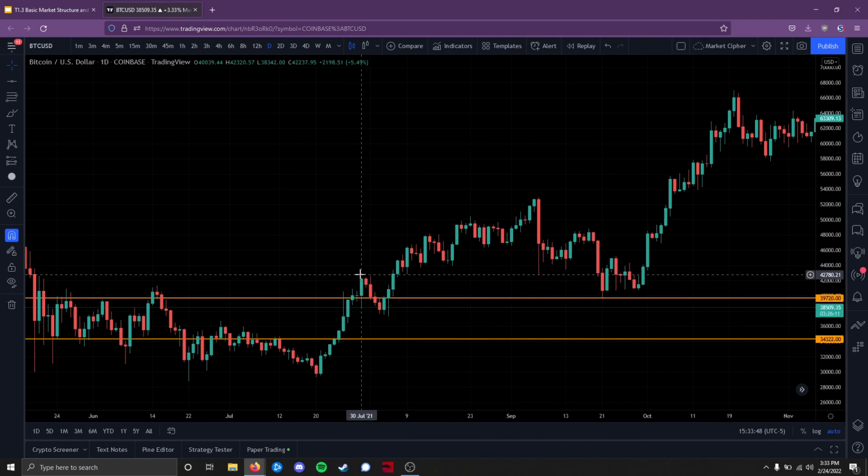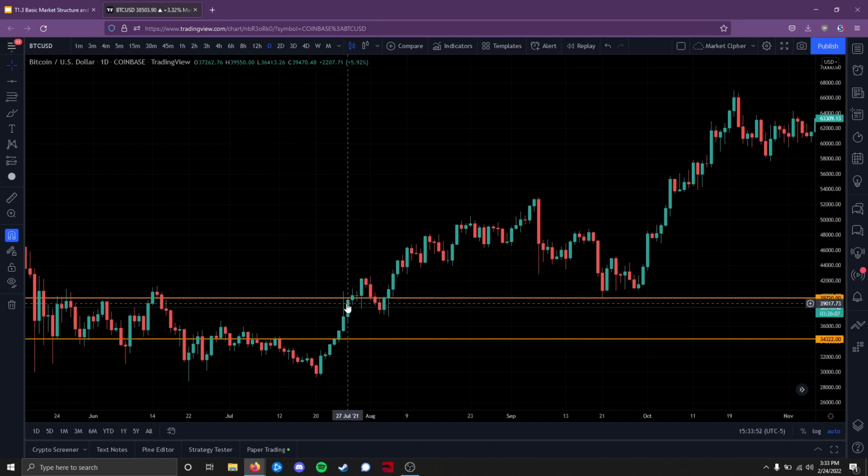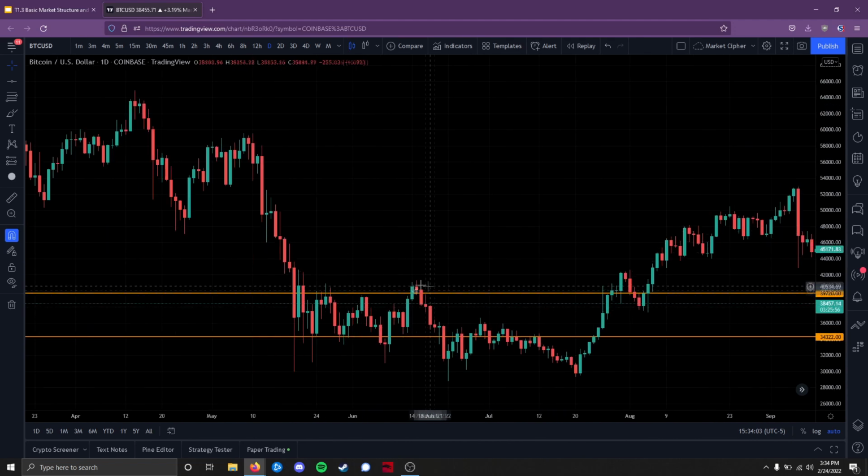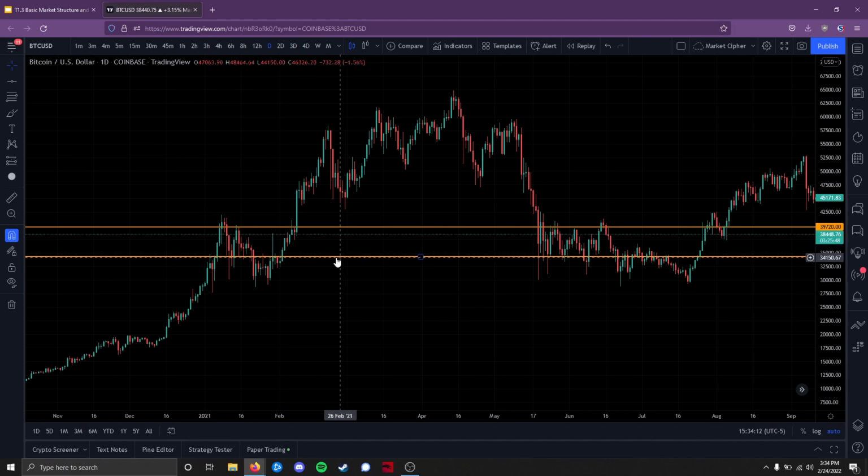Price comes up, and this indicates a level of resistance. Price finally overcomes, falls below, and then uses it as support to continue onward in August. And we generally see more instances of this level acting as resistance in May and June, right? So this is pretty significant.